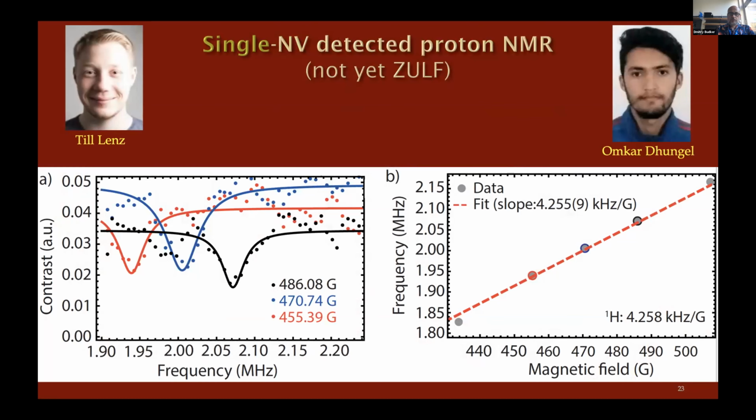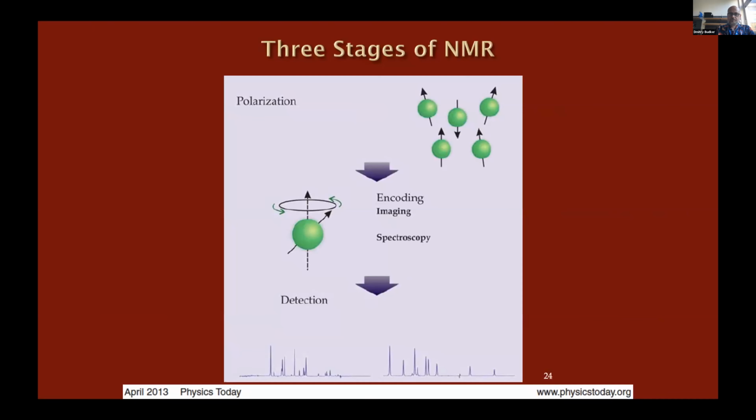So this picture shows some single spin NMR lines, unfortunately not yet at zero field, but we are moving quickly in that direction. The zero field NMR idea is maybe a bit unusual, because if you say, oh, I'm doing NMR, people usually think big magnets as strong as possible.